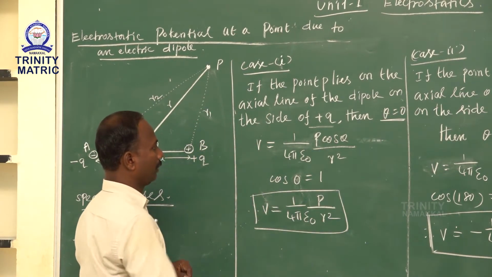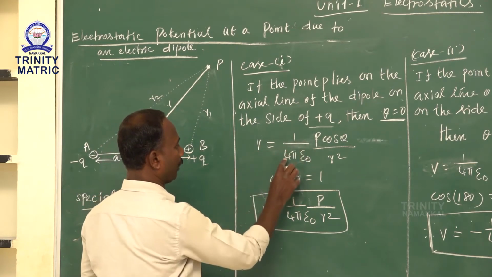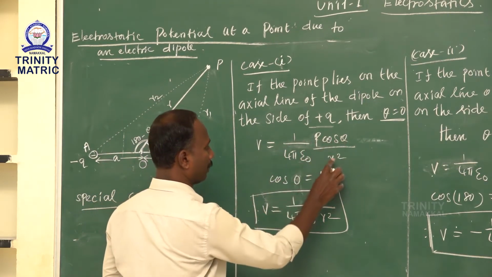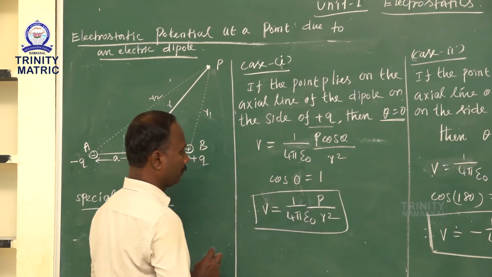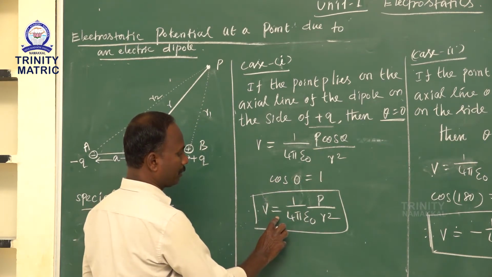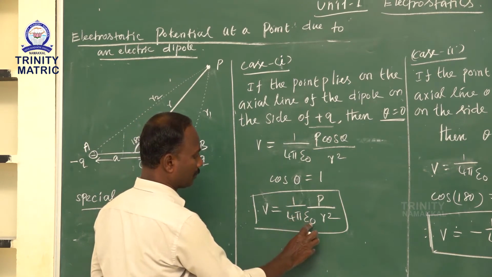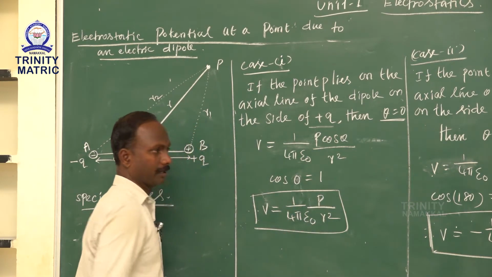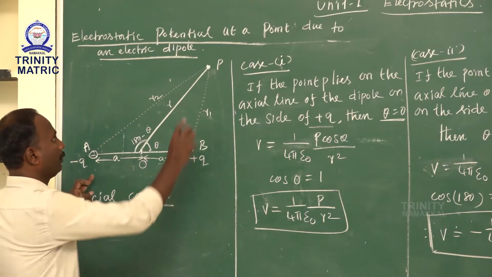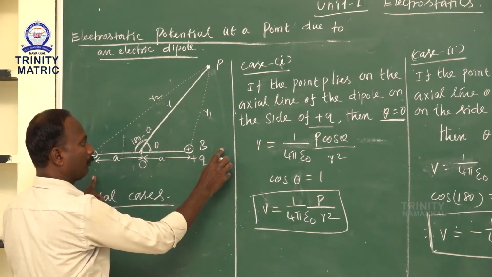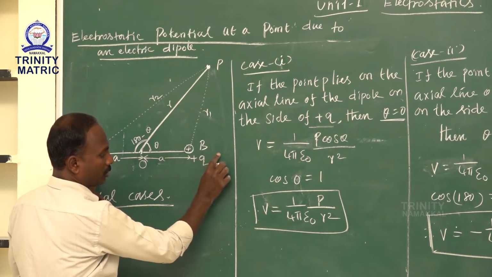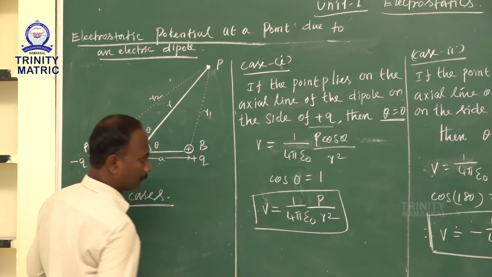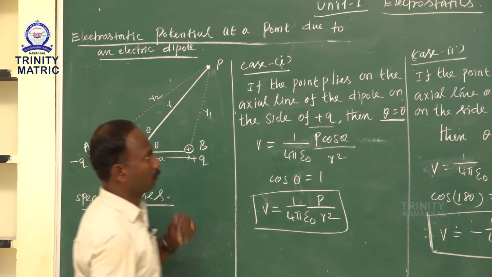You know the potential V is equal to 1 by 4 pi epsilon naught p cos theta by r square. So cos 0 is equal to 1. So finally we get V is equal to 1 by 4 pi epsilon naught p by r square. If the point P lies on the plus q side, we get a positive potential.